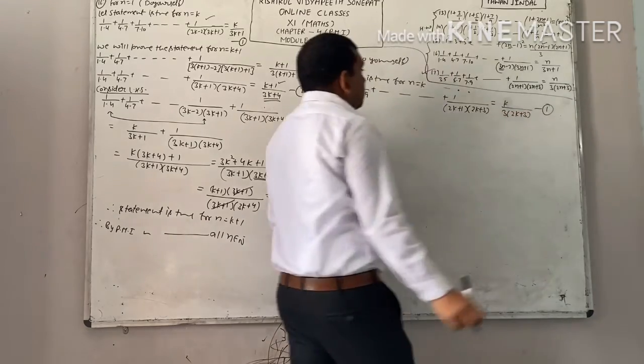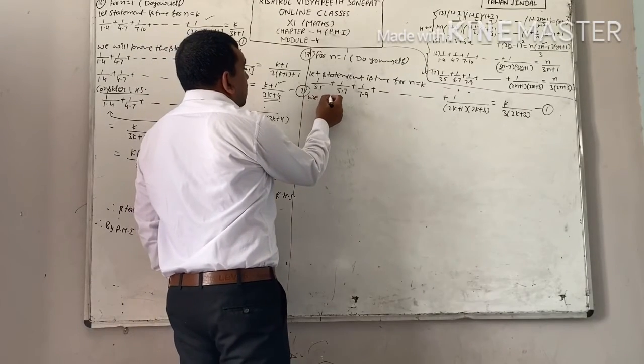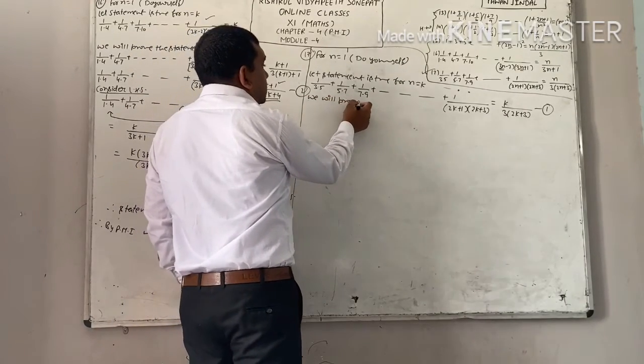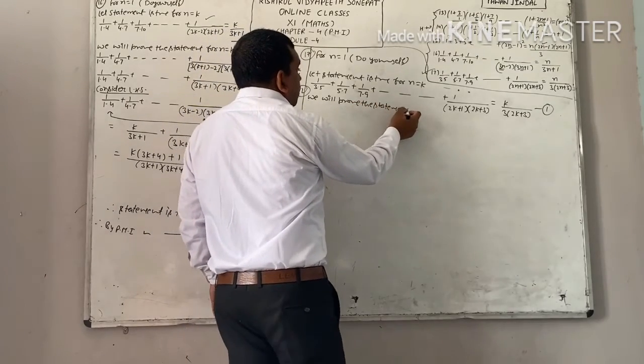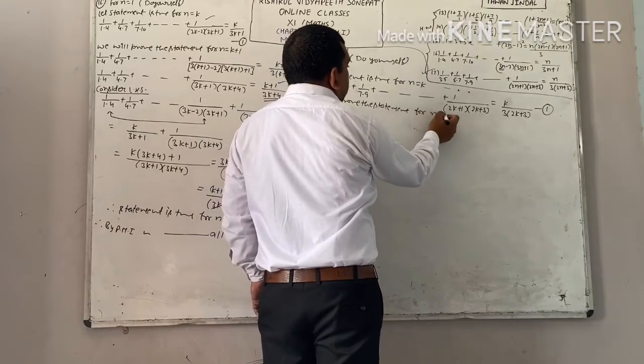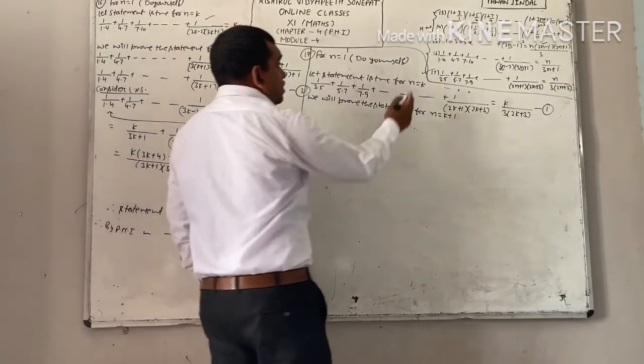See this equation number 1. Last step, we will prove the statement for n equal to k plus 1. Right? Put n equal to k plus 1 on both sides.